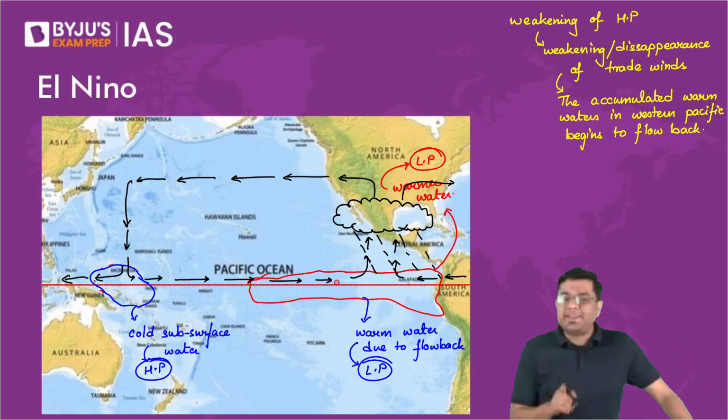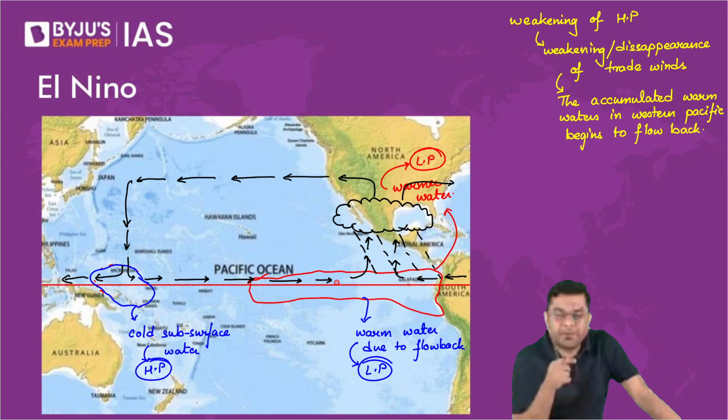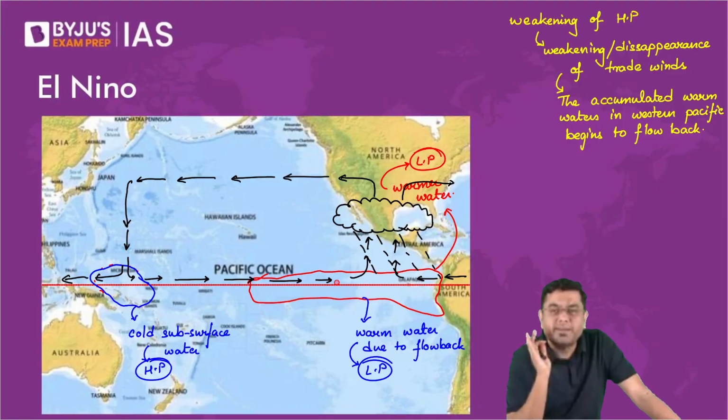So can we say that this is a reversal of the normal Walker circulation that we had seen earlier? Can we come to that condition that it is a reversal of the normal Walker circulation? That is what we refer to as the condition of El Nino.